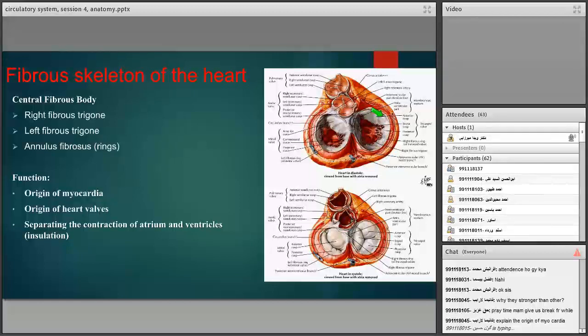Okay? So this was about the fibrous skeleton of the heart. Any question about the fibrous skeleton?